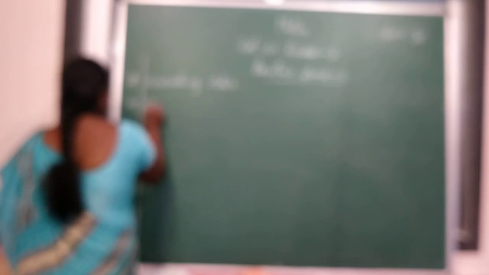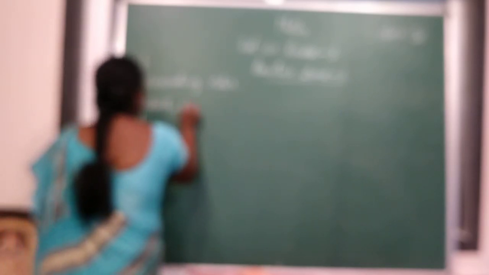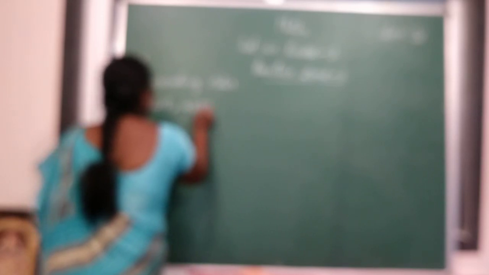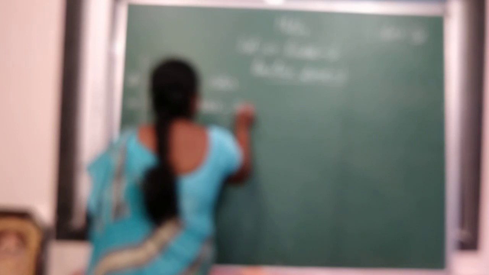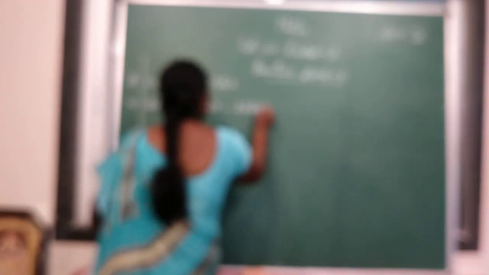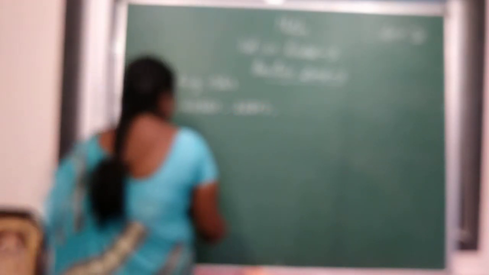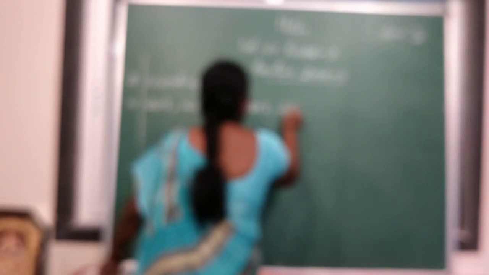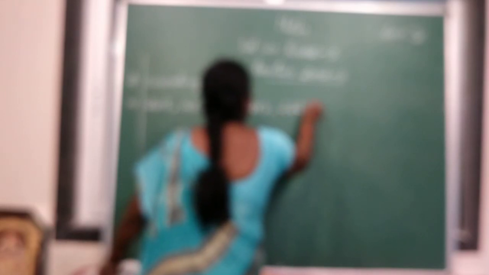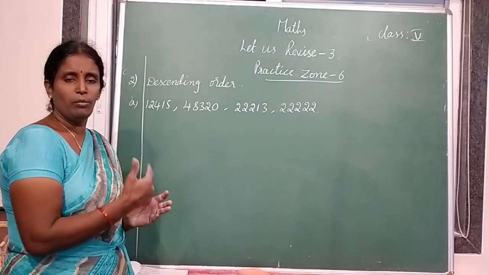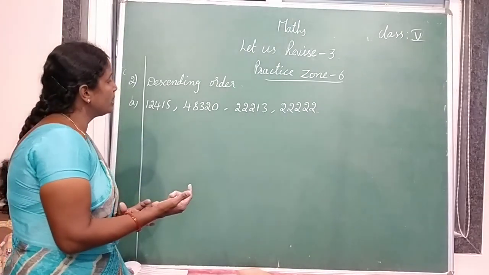What is the first question? 12,415, 48,320, 22,213, 22,222. So you have to arrange these numbers in descending order. It is nothing but decreasing order, arranging from highest number to lowest number.